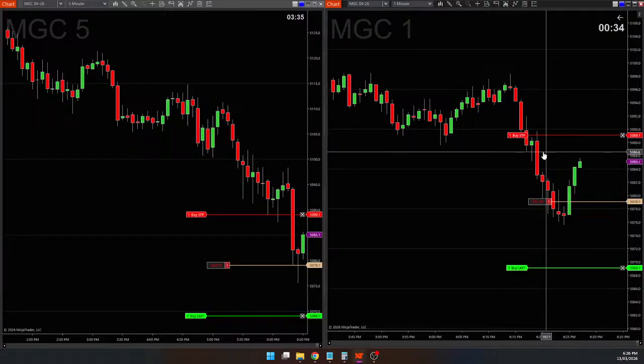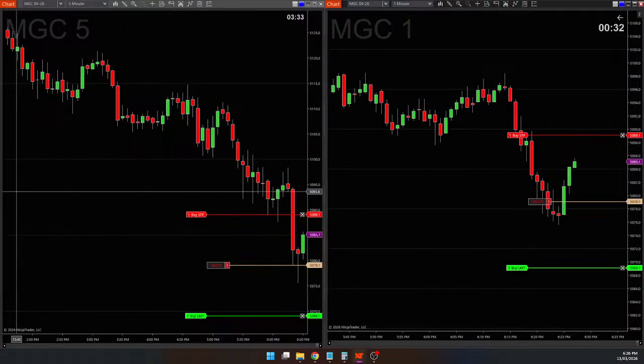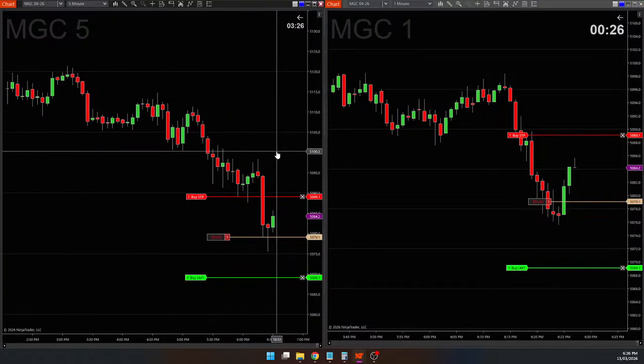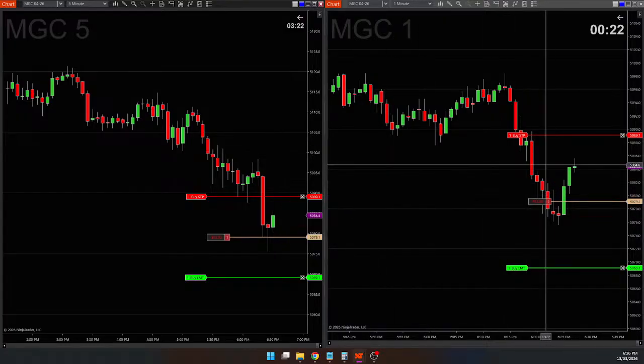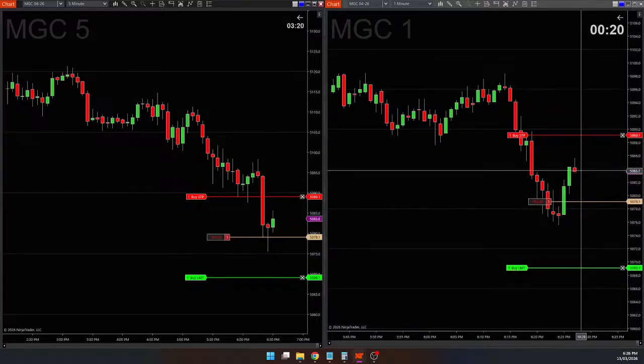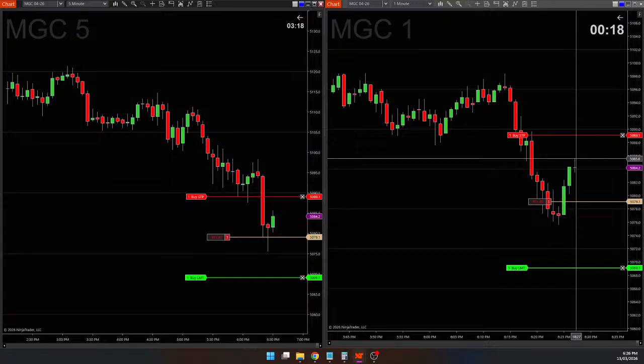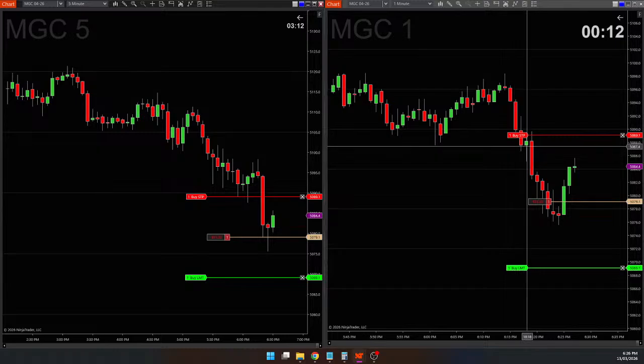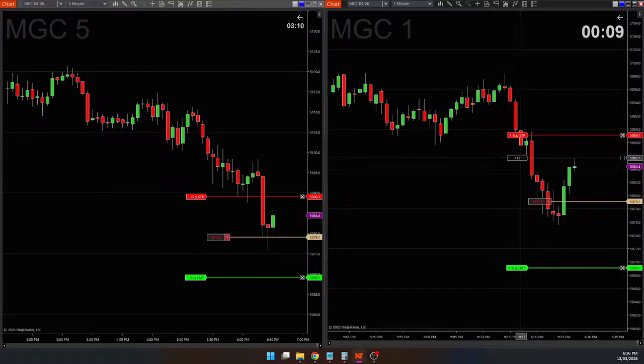Just leave it here, and then that's the whole 100 gone. If this candle closes, goes down, I'm going to put my stop loss at the high of that candle. Might even just do that now.